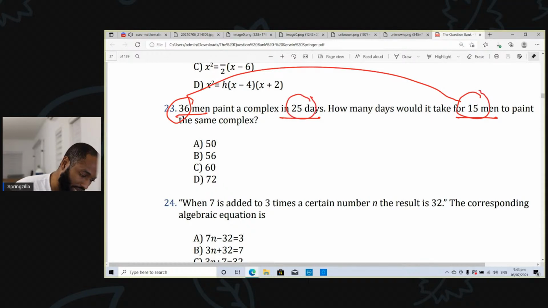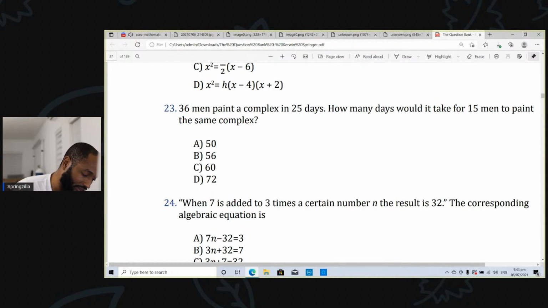So then we'll take a little. Oh, I still can't guess it yet. 36 men take 25 days. So 25 days require 36 men.